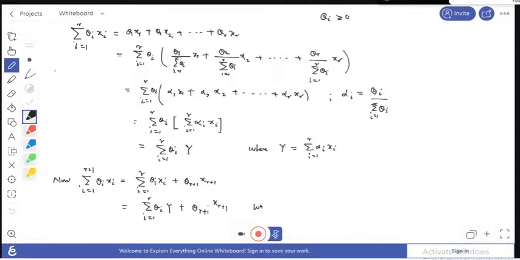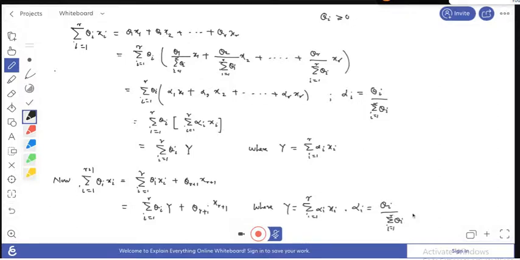And here, what is y? y is the summation over i equals 1 to r of alpha i xi. What is alpha i? Alpha i is theta i over the summation of theta i, where i is 1 to r.